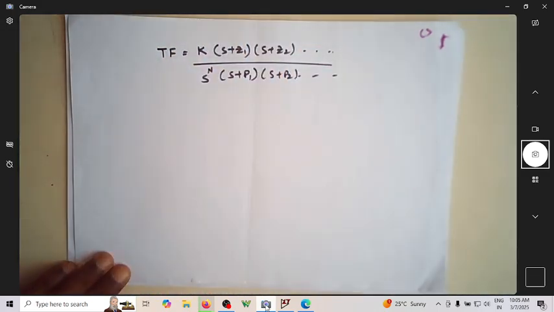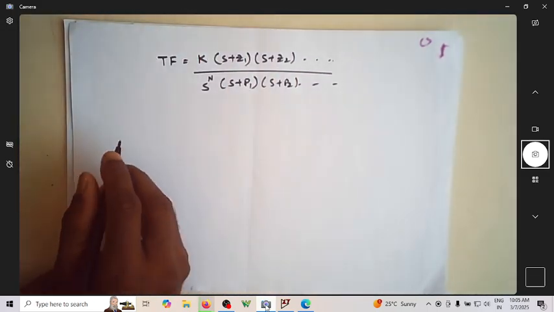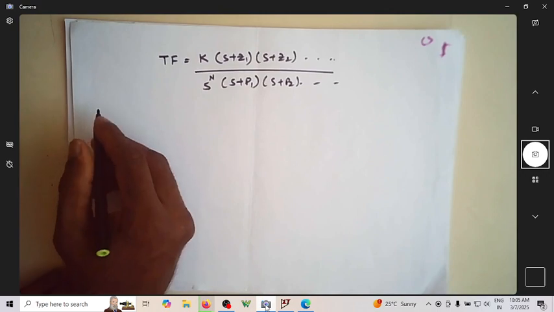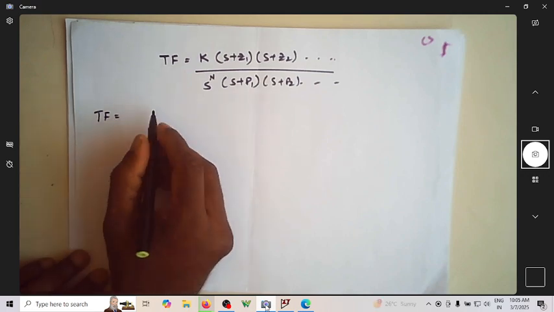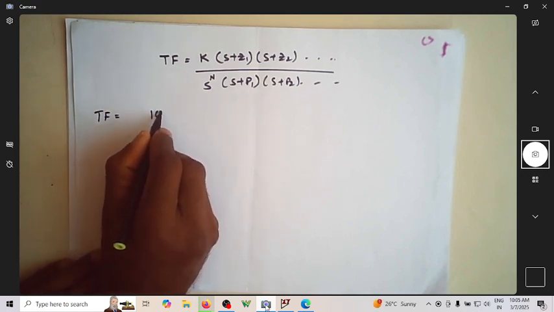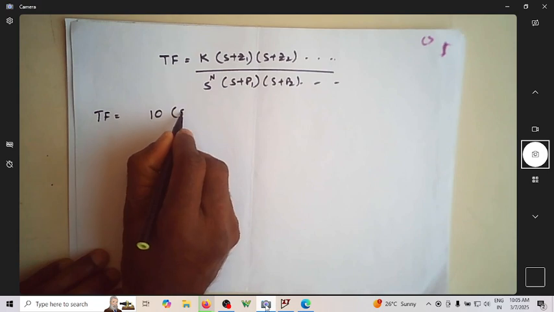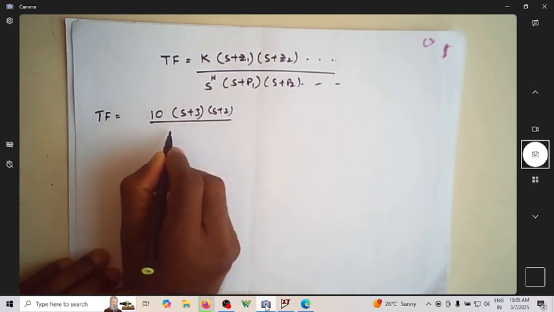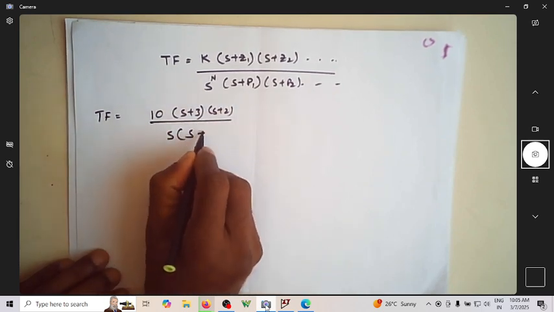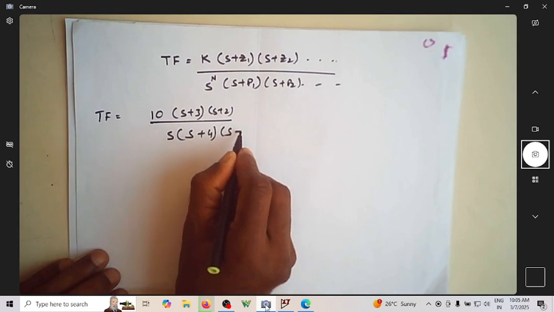This is a typical transfer function. An example could be: 10 times (s plus 3)(s plus 2), divided by s (s plus 4)(s minus 5).